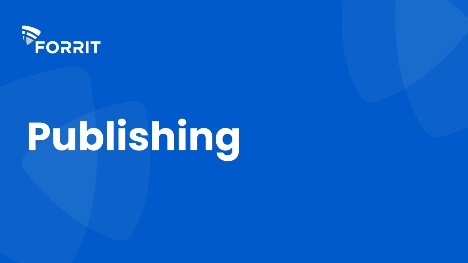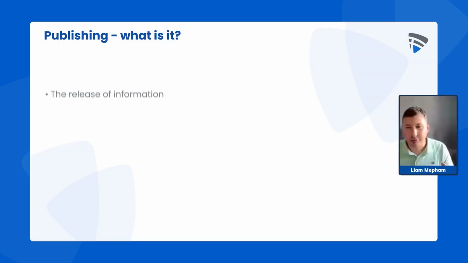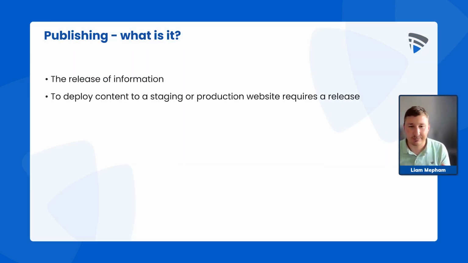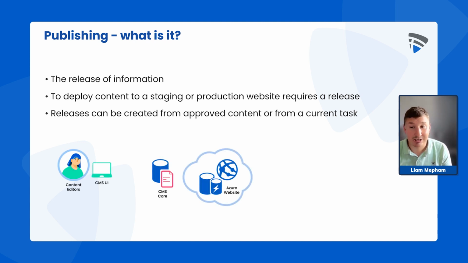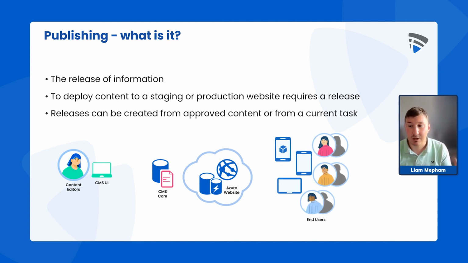Publishing. It's the release of content or layout to the end user experience. Sounds simple, but the image on screen abstracts that there are lots of moving parts. Creating content, creating new components or entirely new digital experiences altogether, making sure it's on brand.